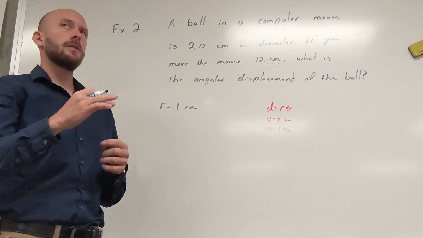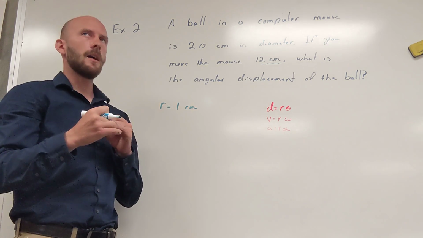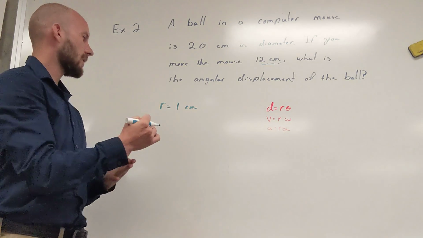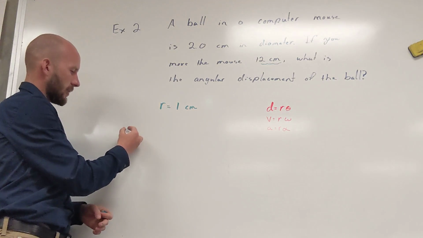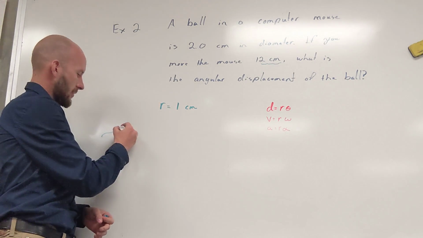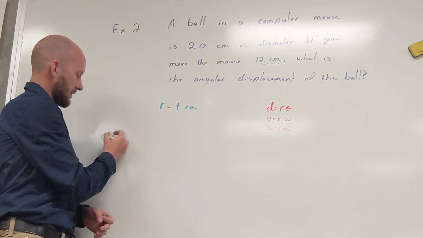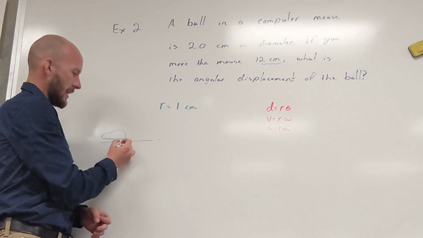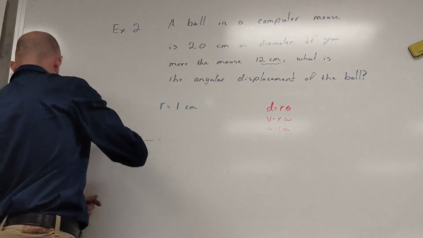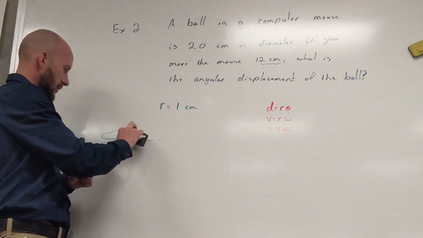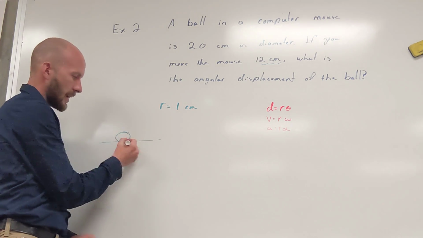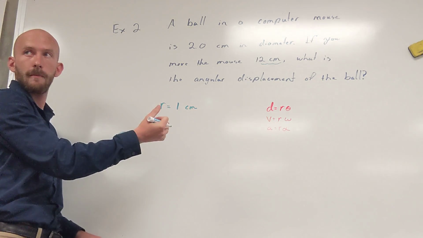Yeah, that's actually going to be the linear displacement. Think about it: you don't have to draw this out, but imagine a mouse on a pad and you move it 12 centimeters. Imagine just the ball inside rolling across the pad.